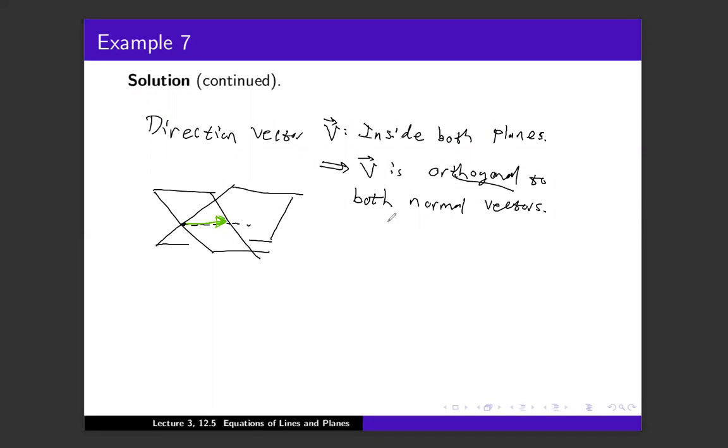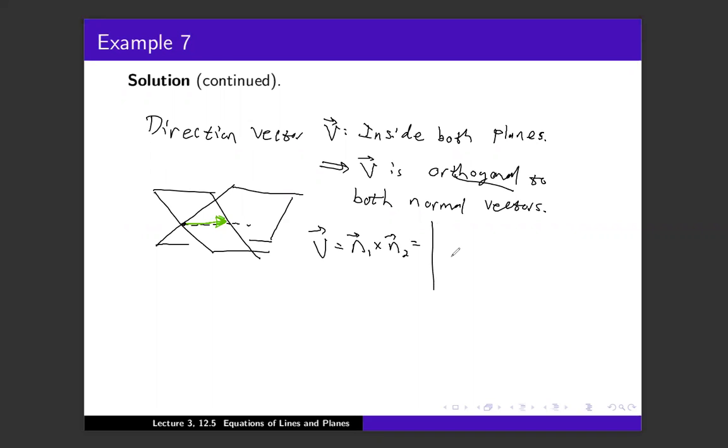Well, we've seen this already, haven't we? To find V, all we're going to have to do is do what? How do we find a vector that's orthogonal to two vectors? All I have to do is cross them, right? So V, in other words, is just the cross product of n1 and n2.